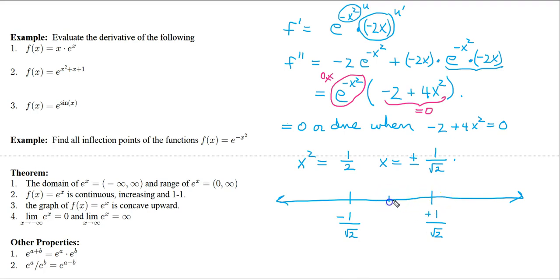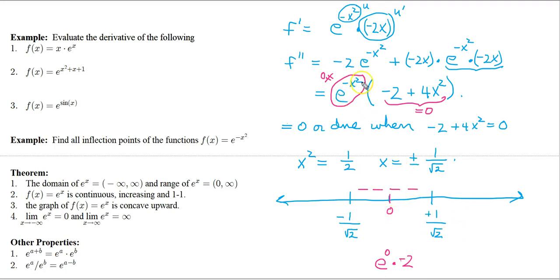For example, if I put 0 in to the second derivative here, we want to test the sign of the second derivative. If I put 0 in here for x, what we get is e to the 0, 0 in for the x right here, e to the 0, times negative 2. Okay, now that's going to be a negative number. Remember, e to the 0 is 1. So negative in here.